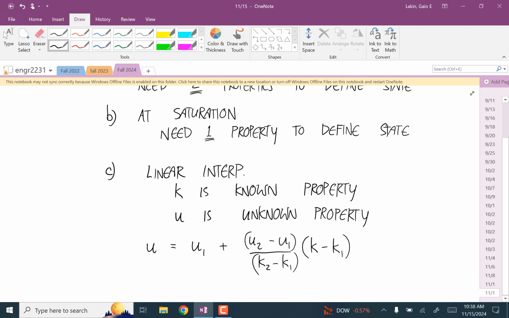And if you have to do this for a 2D interpolation, you just have to use it 3 different times.